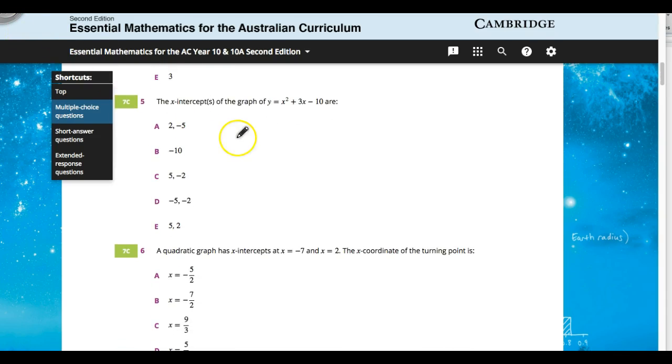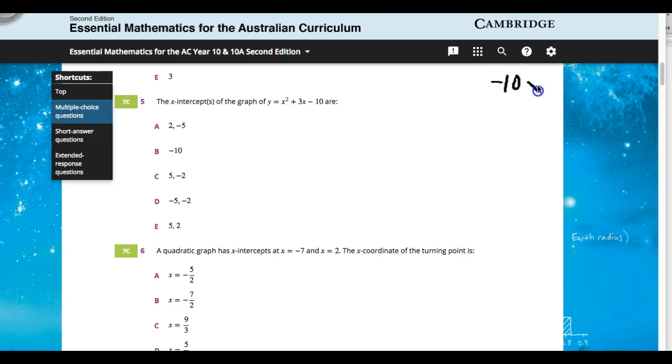Question 5. The x-intercepts of the graph y equals x squared plus 3x minus 10 are... So to find the x-intercepts, again, we have to let y equal 0, but we do have to factorize this. So let's think, can we think of two numbers that when multiplied together give you negative 10, and when added give you 3? So we've got to start thinking of the factors of negative 10.